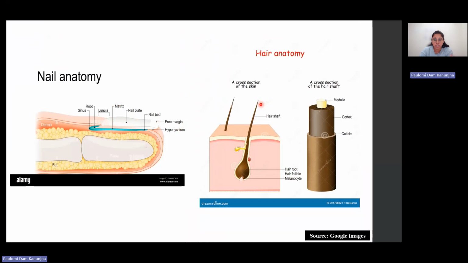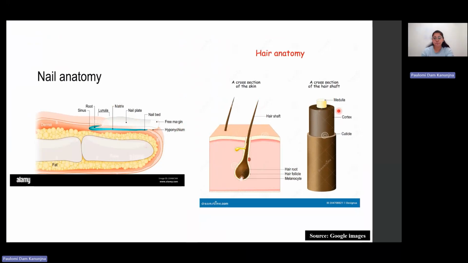I told you we already have discussed this. We have the hair shaft, we have the hair root, we have the hair follicle, and melanocytes, which give it the dark coloration. And even in the hair shaft, you have three layers: medulla, which is a central layer, covered by cortex, which is covered by cuticle. And to all the people who take care of hair, you will know that we always talk about the cuticle and keeping it soft and smooth.